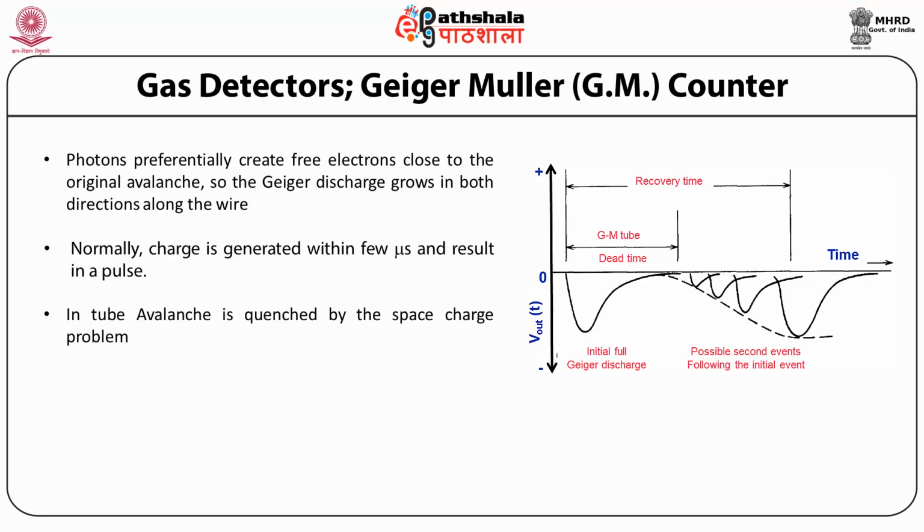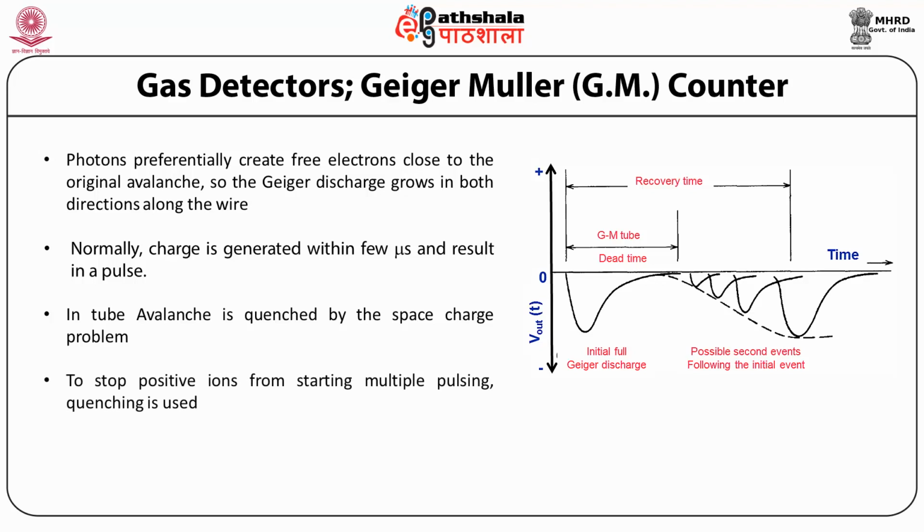So when the avalanche happens in the entire GM tube, the number of ion pairs created is very large, which reduces the effective field between anode and cathode within the tube. So the avalanche is quenched, and this quenching is because of the space charge problem.